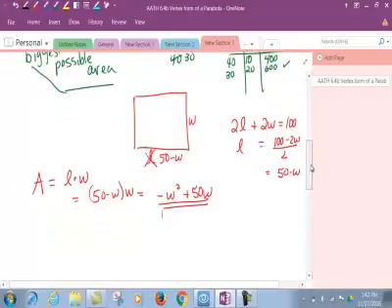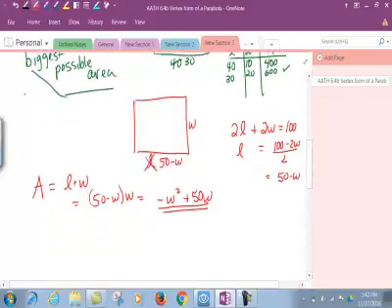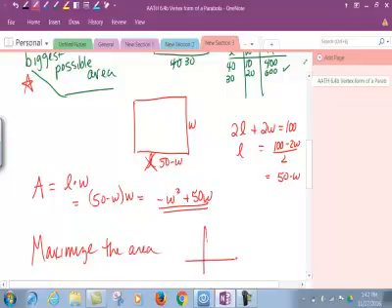All right, and then I go back to the question, which is, how do I find the biggest possible area? Another word for finding the biggest possible area might be to maximize the area. And when I think of maximize, I think of a parabola facing down and the vertex being the maximum.